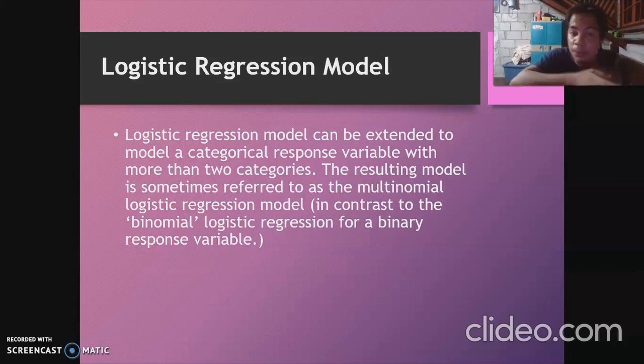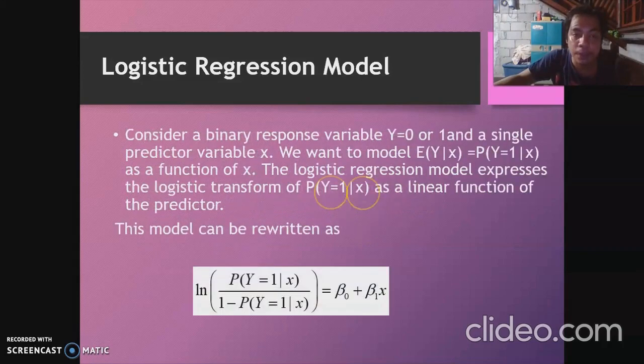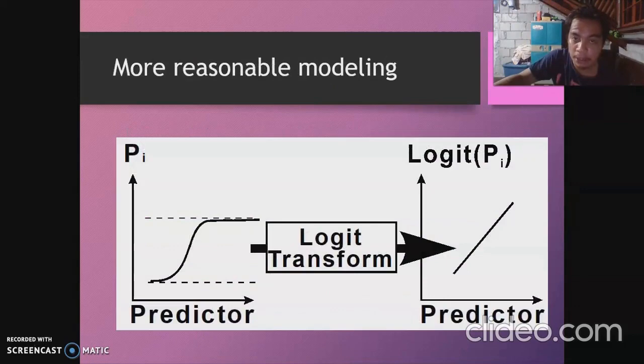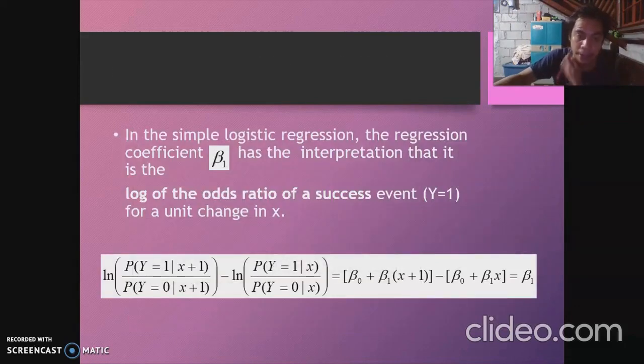So, in contrast po ito sa binomial logistic regression for a binary response, ito naman po ay madamihan po, kaya po siya tinawag na multinomial. So, the model of logistic regression is written, para po mas malinaw natin ma-identify kung ano po yung ibig sabihin ng logistic regression, ay ito po.